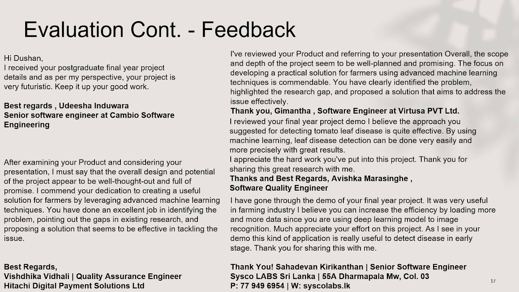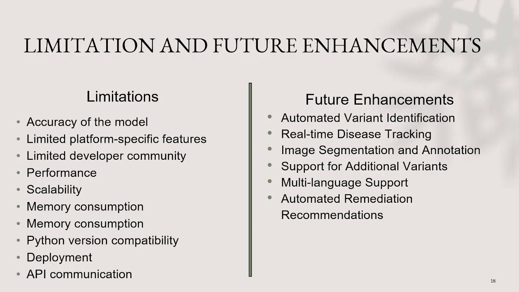When we talk about limitations of plant disease identification in the tomato plant Platina variant, these are the limitations I have found: accuracy of the model, limited platform specific features, limited developer community, performance, scalability, memory consumption, Python version compatibility, deployment and API communication.